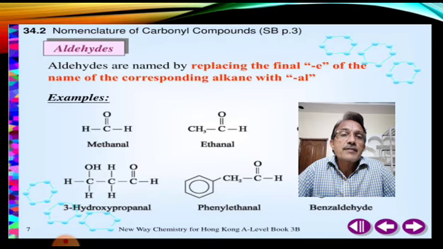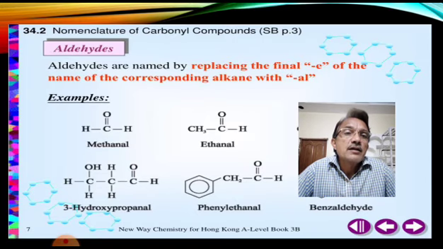Since one carbon atom is present, the root word is meth, single bonds are there, and the parent hydrocarbon of methanal is methane. So the suffix E is replaced by al. Therefore, methanal is the IUPAC name of formaldehyde.